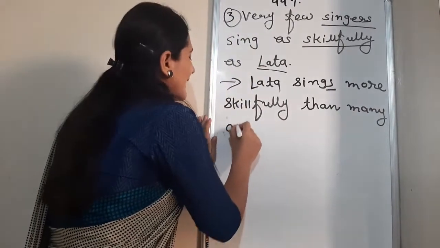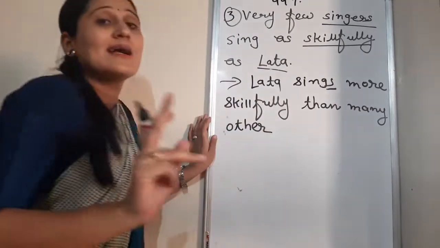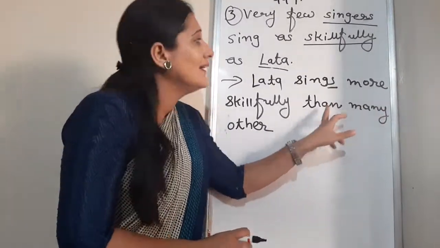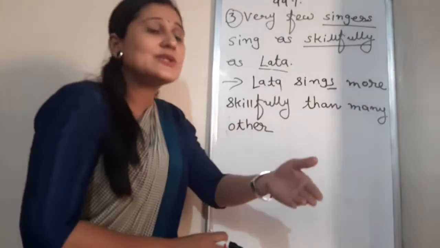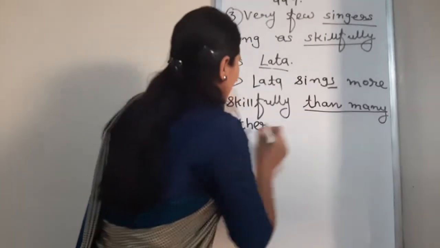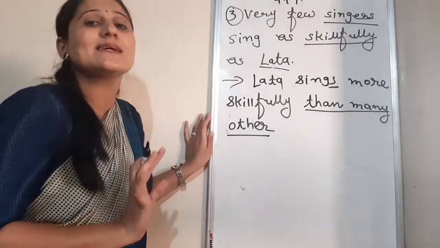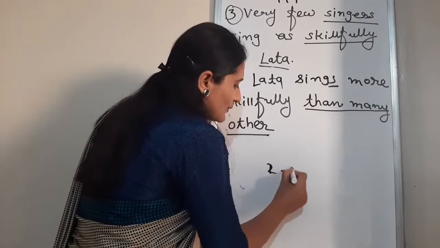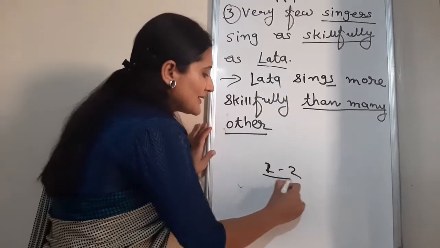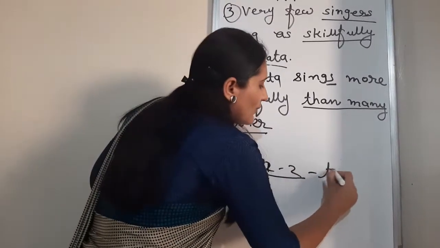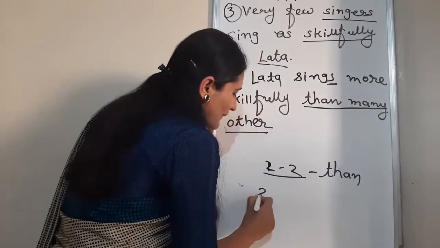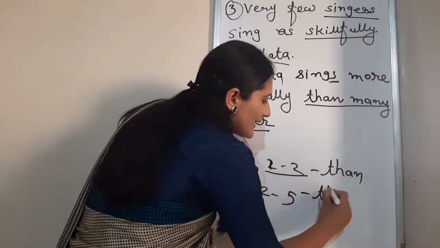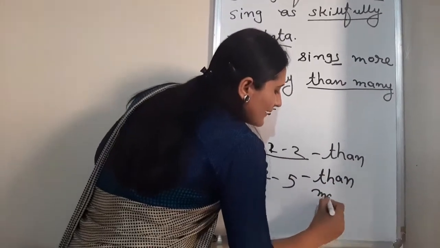See, than many others. If the comparison is between two, we will write only "than". If the comparison is between more than two, then we will write "than many others". This is the difference. If the comparison is between two things, keep in mind, we will write only "than". If the comparison is between more than two things, 4, 5, whatever, then we will write "than many other".